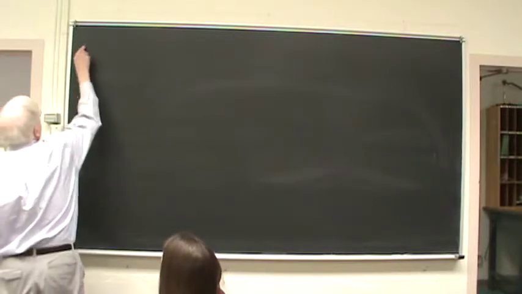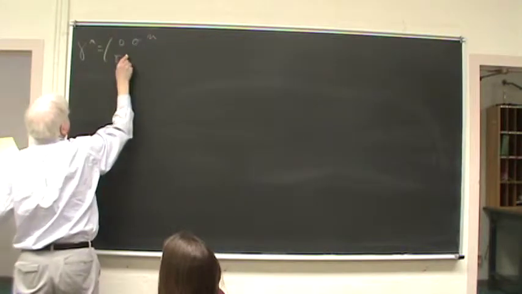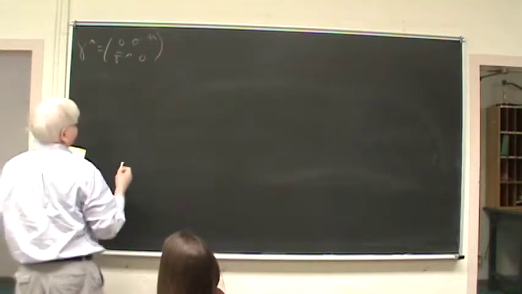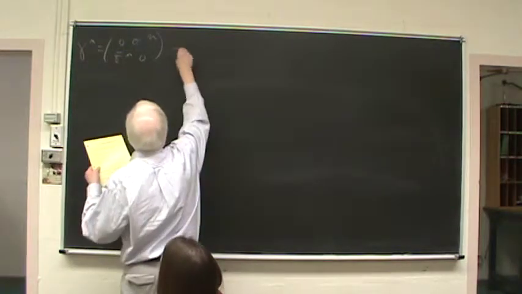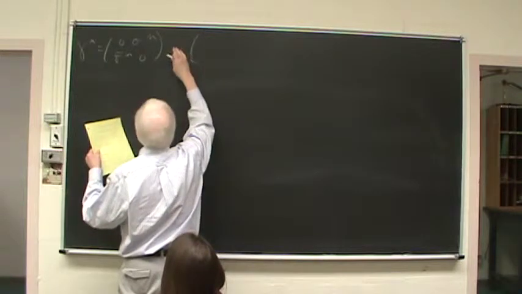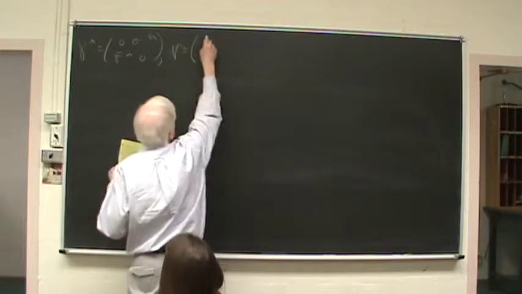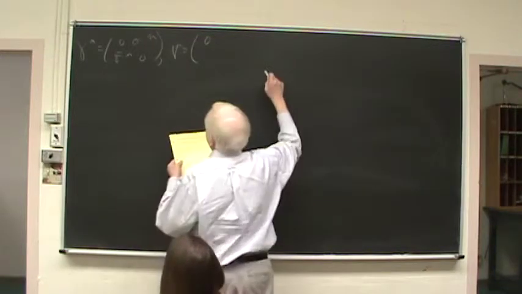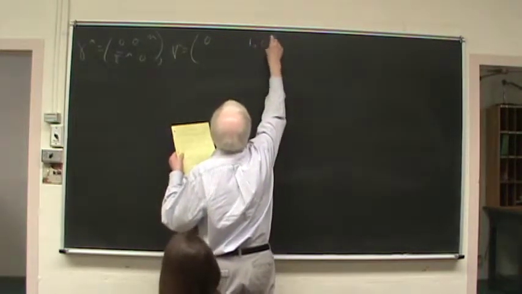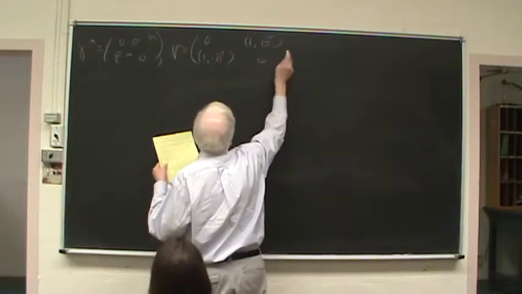Now, let's remember what these gamma matrices are. γ^μ we can write as (0, σ^μ; σ̄^μ, 0). Another way of writing it, using 4-vector notation, is γ = (0, (1, σ); (1, −σ), 0).